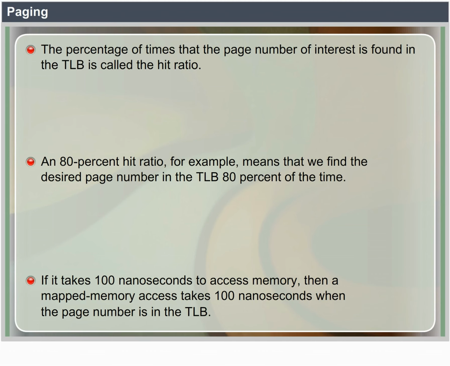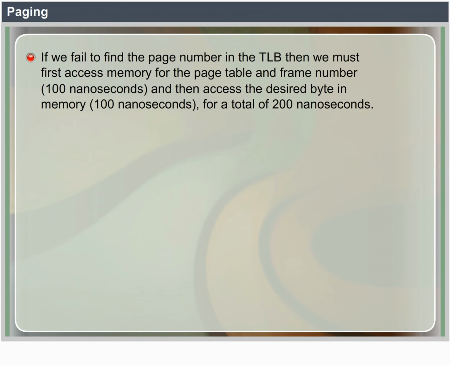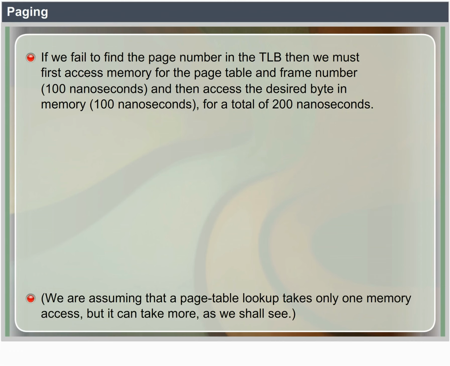If we fail to find the page number in the TLB, then we must first access memory for the page table and frame number (100 nanoseconds) and then access the desired byte in memory (100 nanoseconds), for a total of 200 nanoseconds. We are assuming that a page table lookup takes only one memory access, but it can take more, as we shall see.